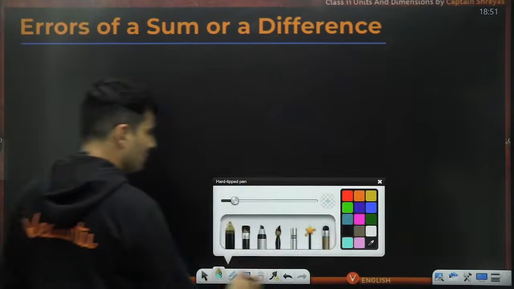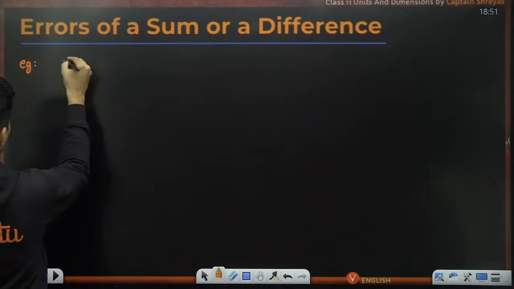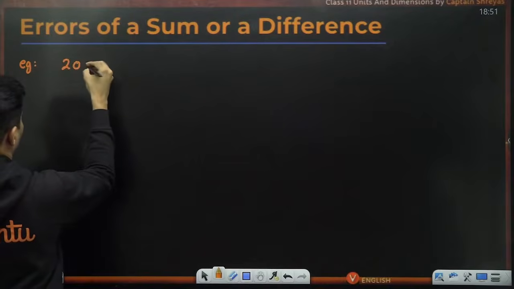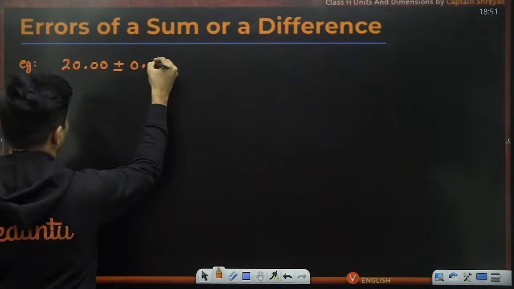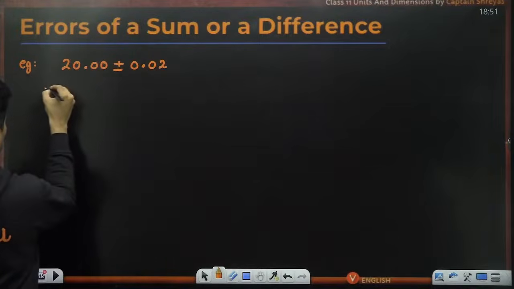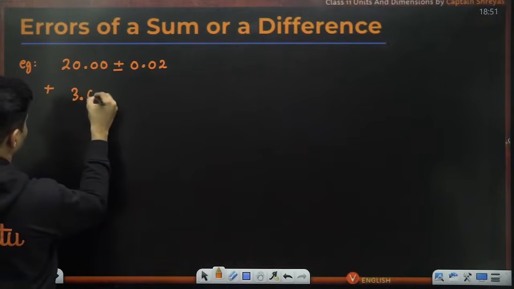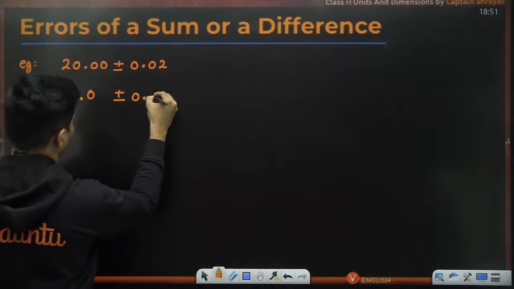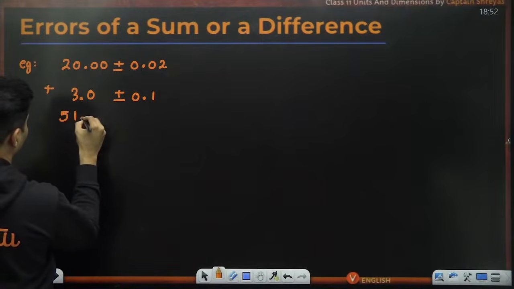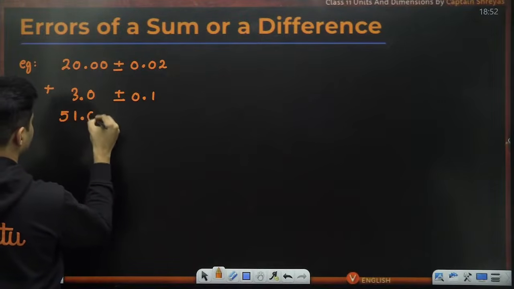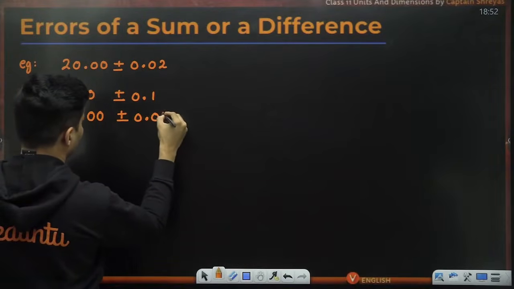Let me do some more questions so that you get more of a hang of it. Example: 20.00 plus minus 0.02, plus 3.0 plus minus 0.1, plus 51.00 plus minus 0.03.